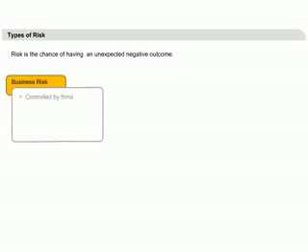Types of risk. Starting from the very basic question, what is risk? Risk can be defined as the chances of having an unexpected negative outcome. Firms are exposed to various sources of risk, which can be business risk, non-business risk, or financial risk. Business risks are risks purposely taken by firms in order to maximize shareholder value and profits.